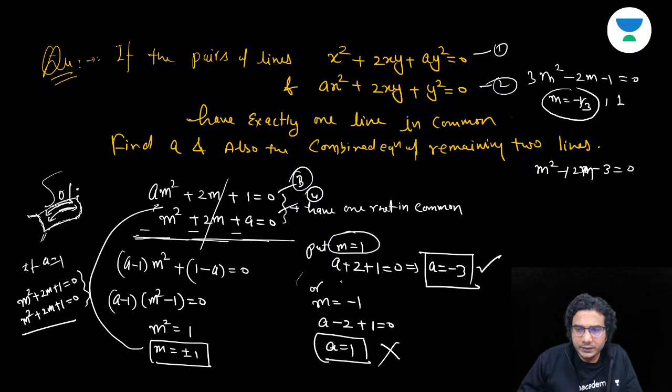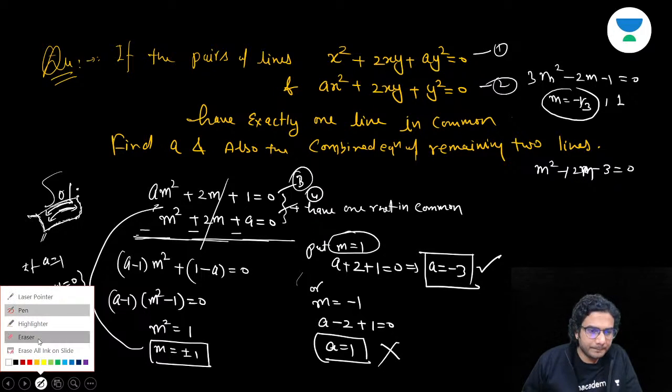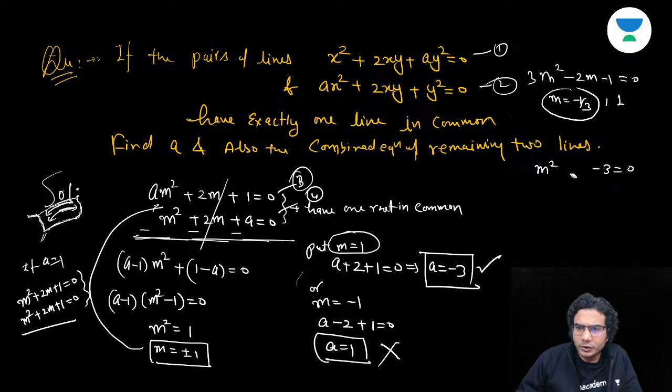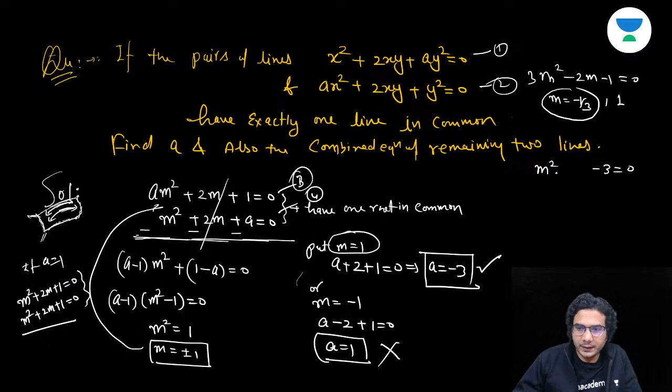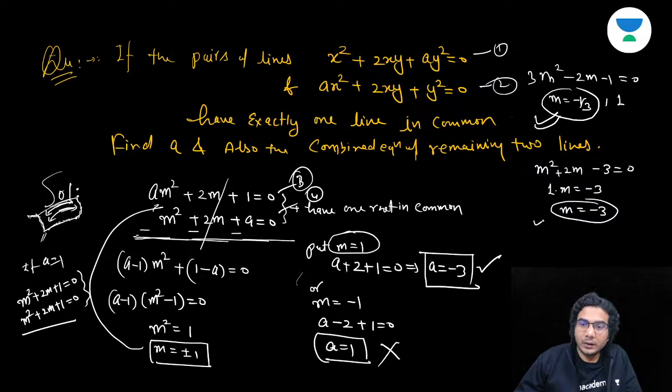So use the product of the roots, because you know one root is 1. One root is 1 and the product of the roots is going to be minus 3, so the other root is m is equal to minus 3. So these are the slopes of the remaining two lines.